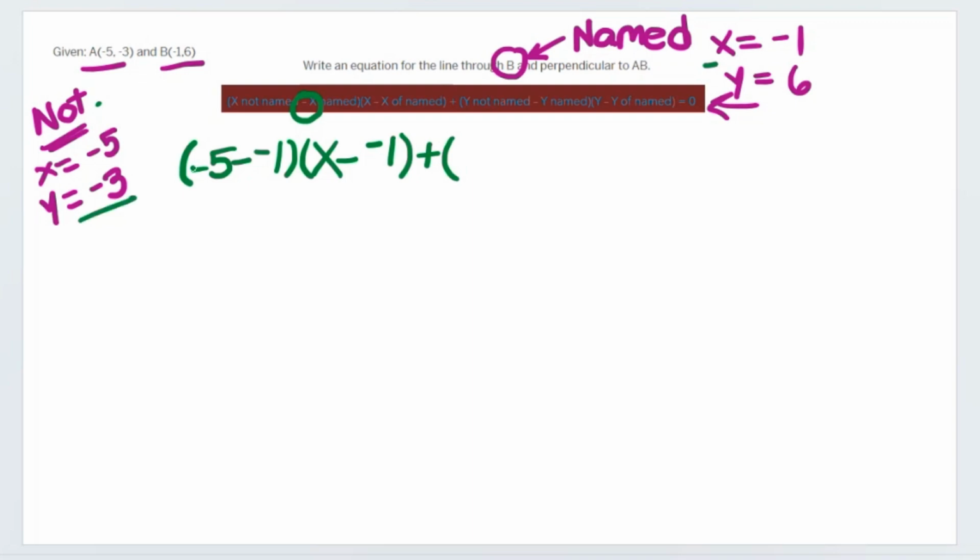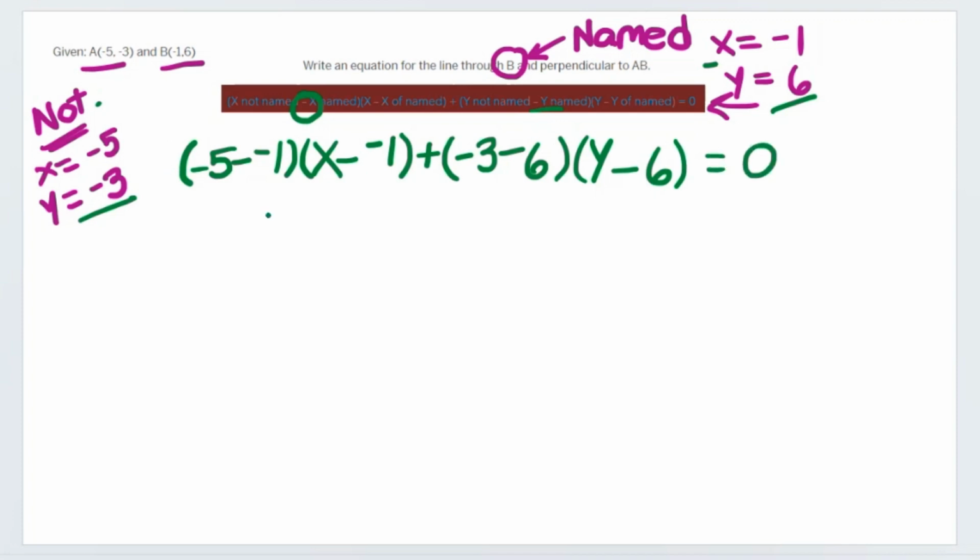Again, not named over here, that's -3. Minus the Y of the named. Okay, so named, this is my Y, 6. Times Y minus, and again, the named Y is 6. And it's all going to equal 0.